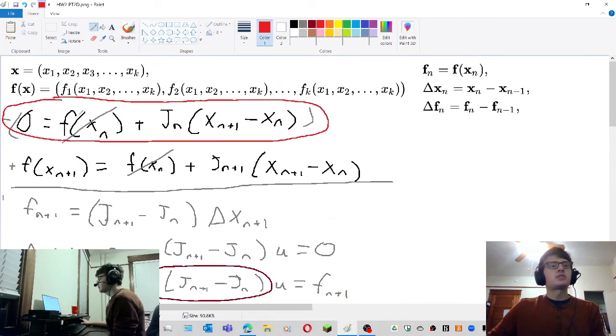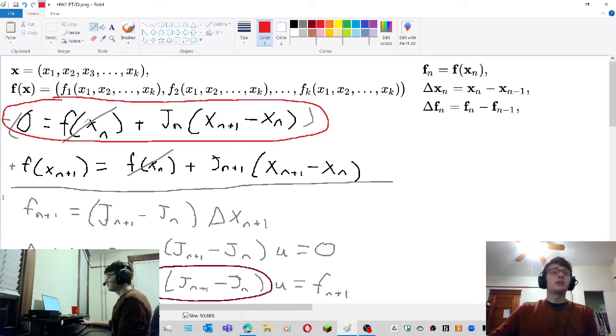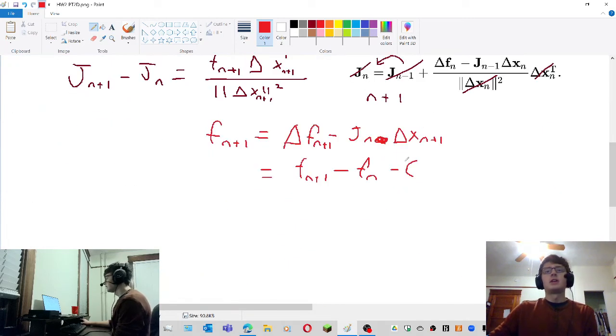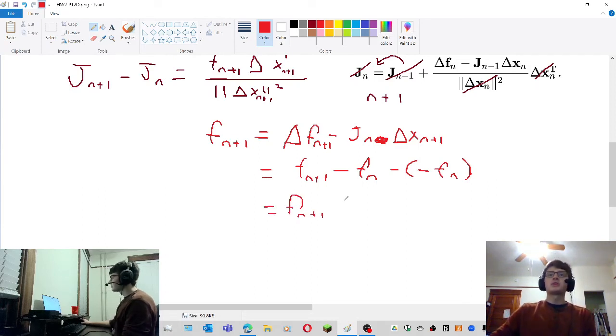Well, that should just be equal to negative f evaluated at n, because I have to subtract this over to the other side. So I would make that a negative f_n. So you can see this is a plus, these two would cancel out, and I would just be left with f_{n+1}, the function evaluated at n plus 1.